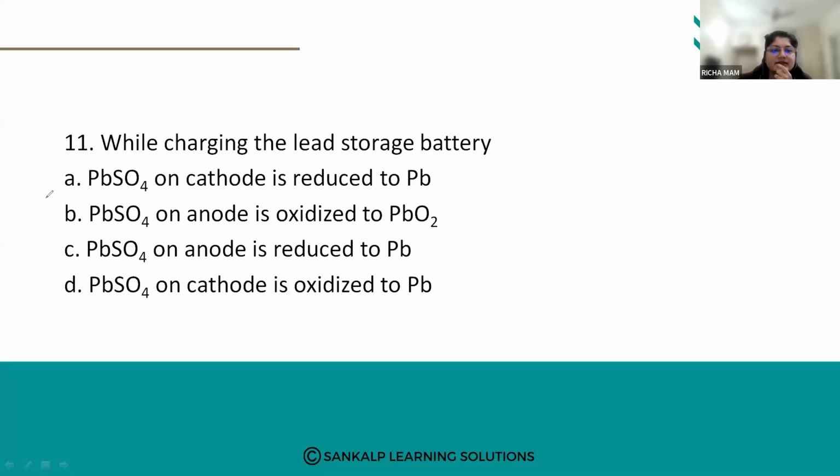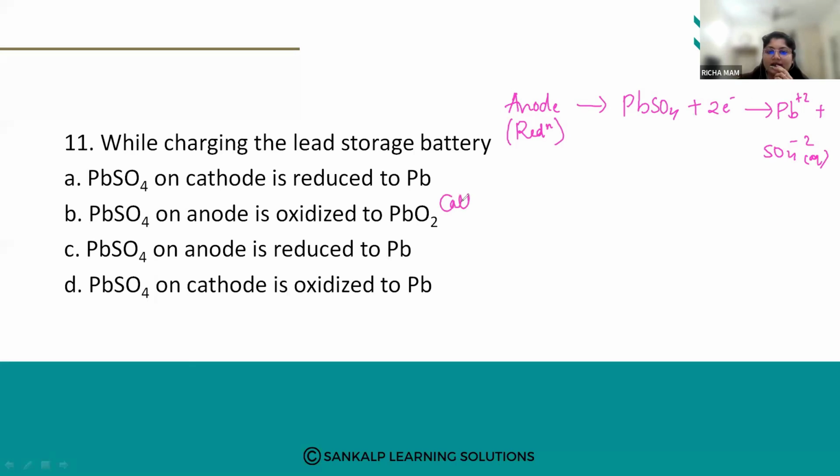Lubna has answered it as A. So when you are charging the lead storage battery, at anode is your PbSO4. At anode there is a reduction: it will gain 2 electrons, giving you Pb2+ plus SO4 2-.